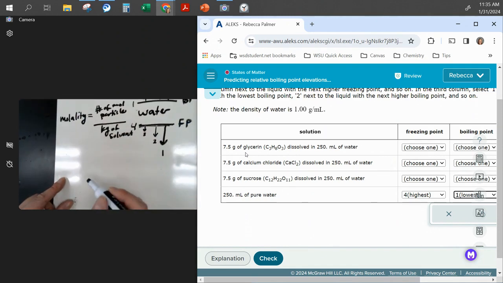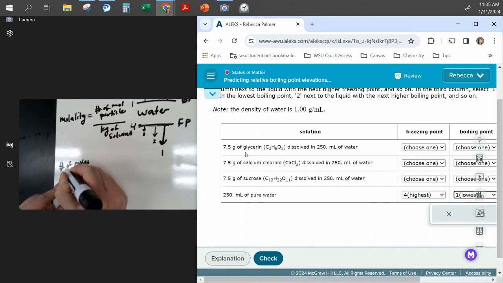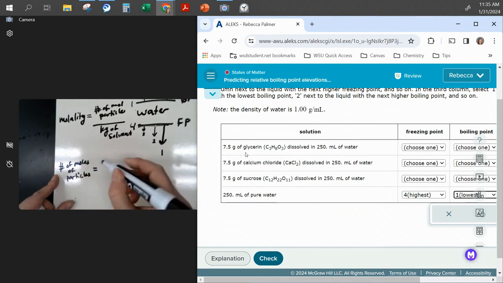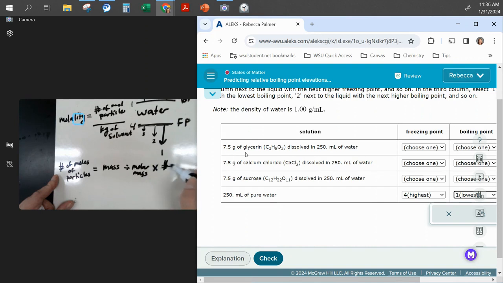So the first thing we need to do is figure out the number of moles of particles. To find that, we're going to take the mass they give us. We're going to find the number of moles by dividing by the molar mass. Then we're going to multiply by the number of particles per mole that each compound gives us.